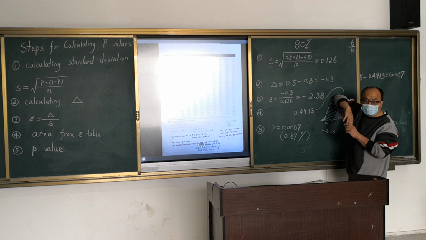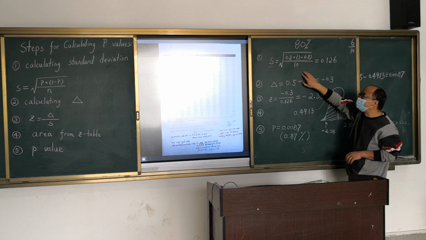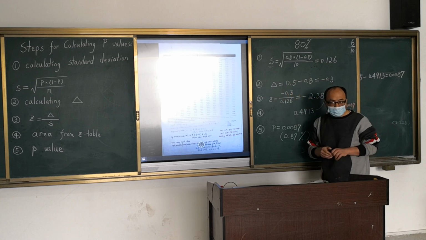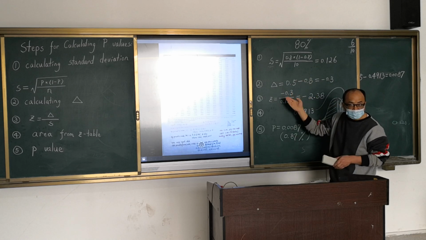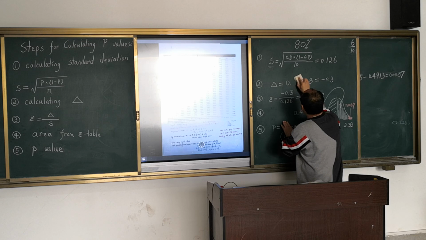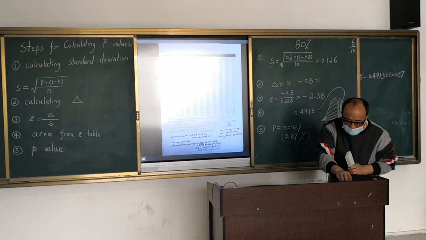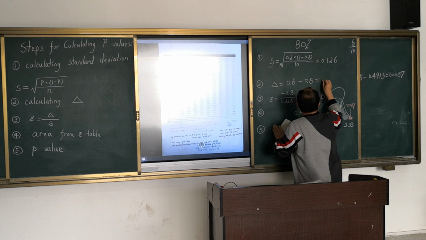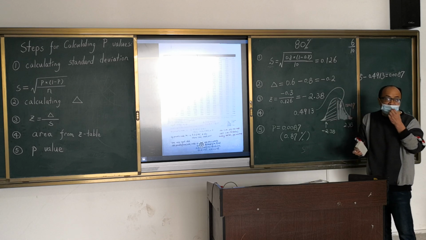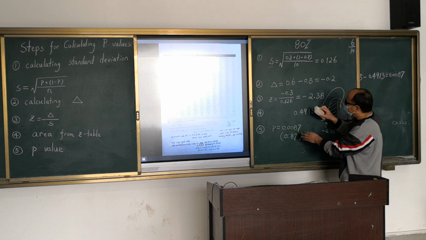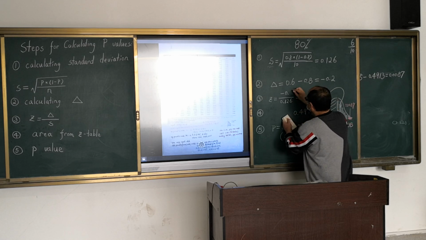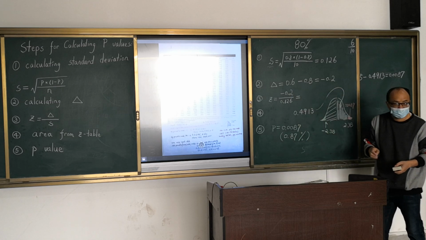What's the difference? So here will be different: 0.6 minus 0.2. What's the z-score?